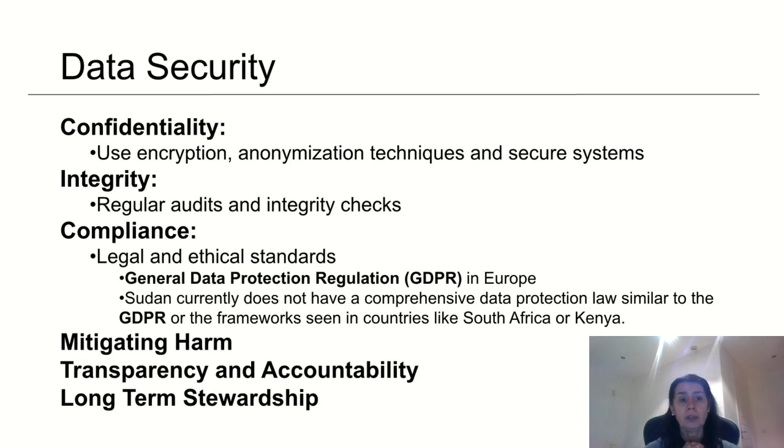Very important for data security is to have a policy for mitigating harm and know how to do this, to be transparent, and to hold accountability for how we perform research and how we store and collect the data. And it is very important also that we secure the data for long term, because some project might generate data that could be used over time, and that's why ensuring the data security over time is very important to maintain the trust of the research participants and the scientific community.